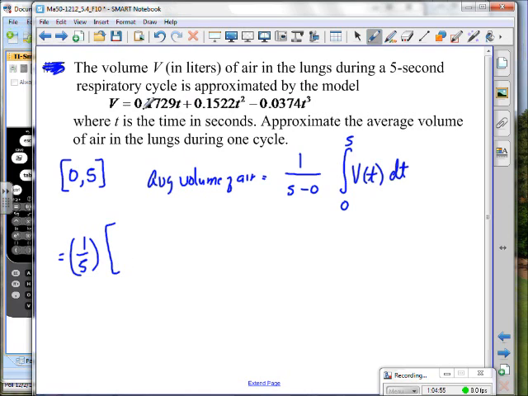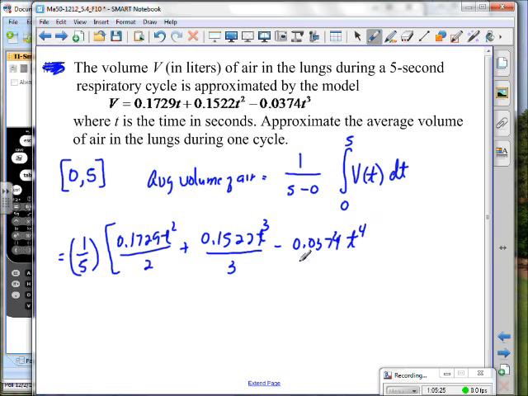And that's pretty simple. Again, we're in pre-calculus, so we don't have to work too hard on getting this antiderivative. But we have 0.1729 t squared divided by 2, plus 0.1522 t cubed divided by 3, minus 0.0374 t to the 4th divided by 4.